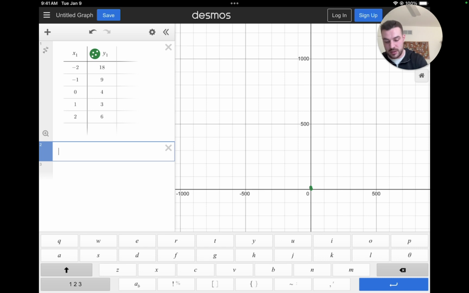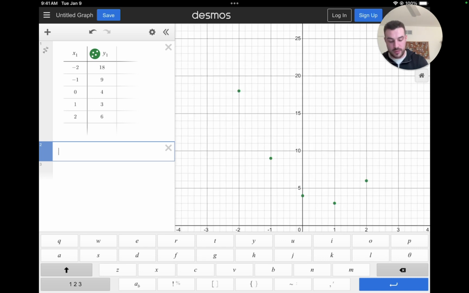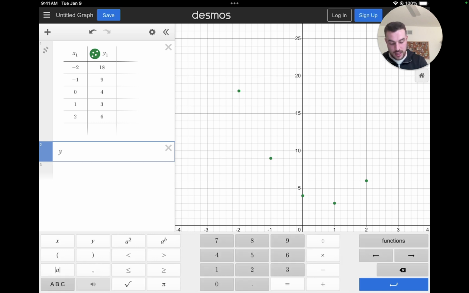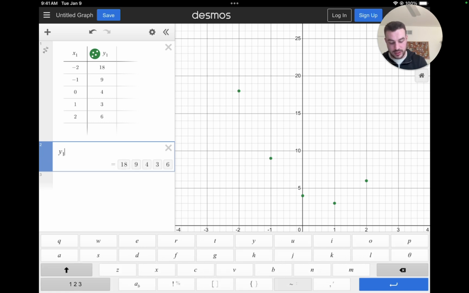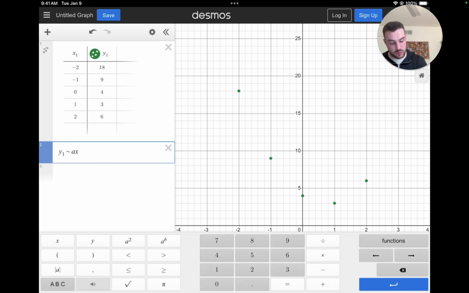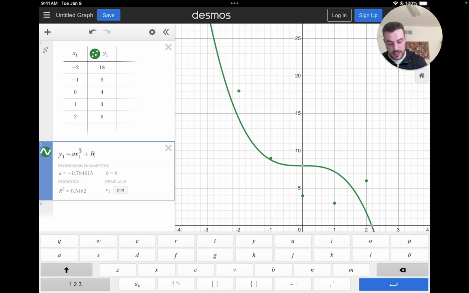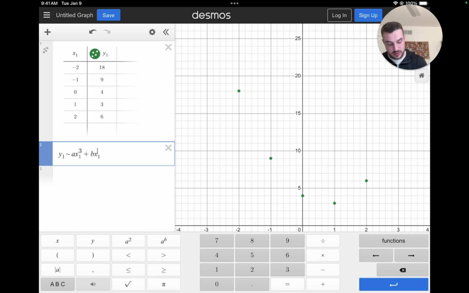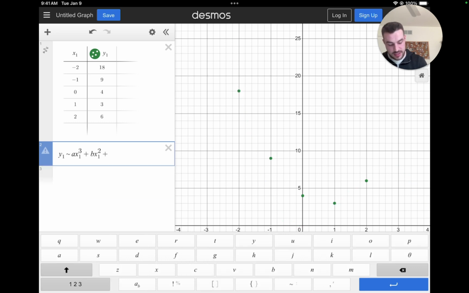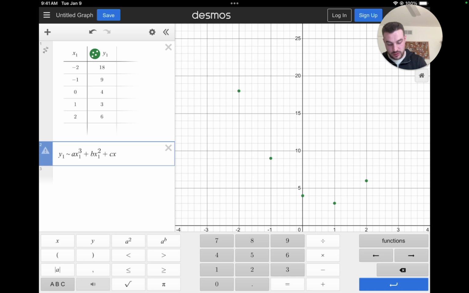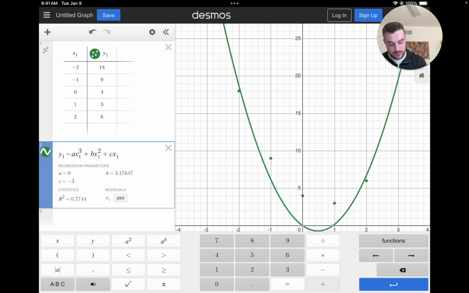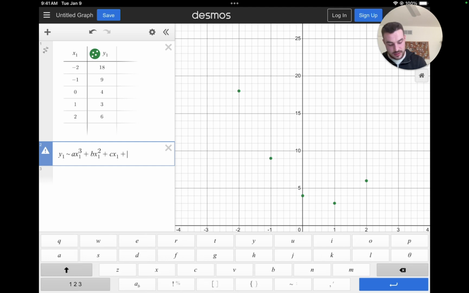I'm going to go back home and type in y1, that squiggly line, which is a tilde, a x1 to the third, plus b x1 to the second, plus c x1, plus d.